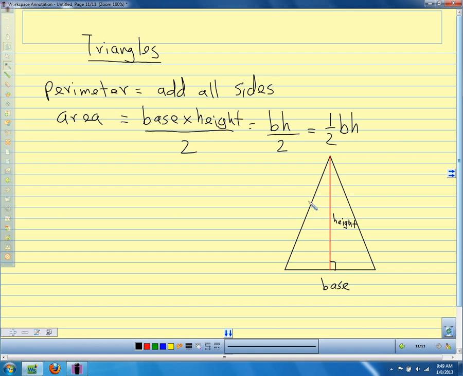And like parallelograms and trapezoids, the height doesn't have to be inside. So if I have a triangle that looks like this, I would find the height here by going out from this base, like so. So for this triangle, that would be the height.